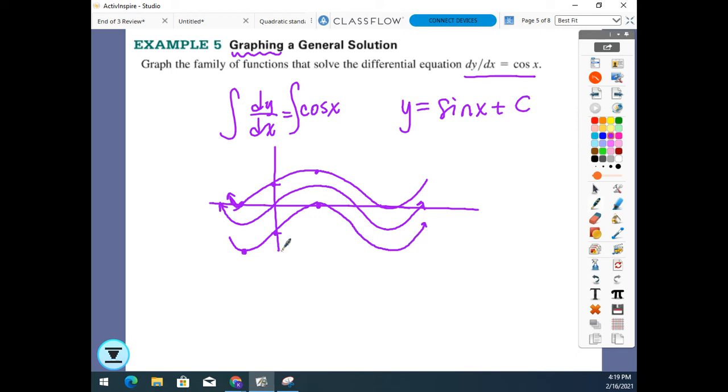So everything's shifted depending on what that constant is. So this is if c is 0. If c is 1, everything's shifted up 1. If c is negative 1, shifted down 1. So it's just all of these stacked on top of each other, and they go on forever, in both directions, because we don't know what that c is.